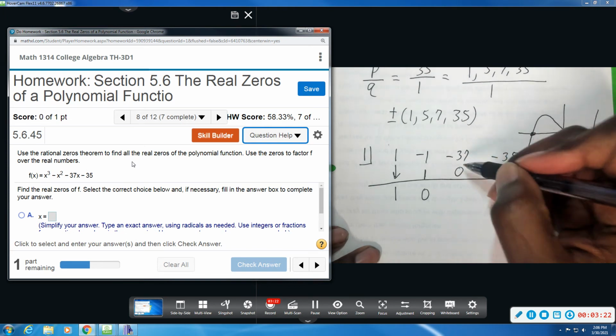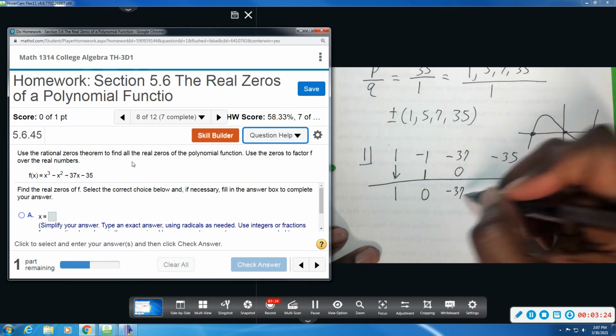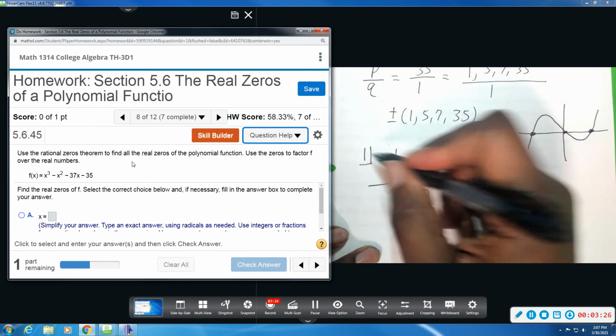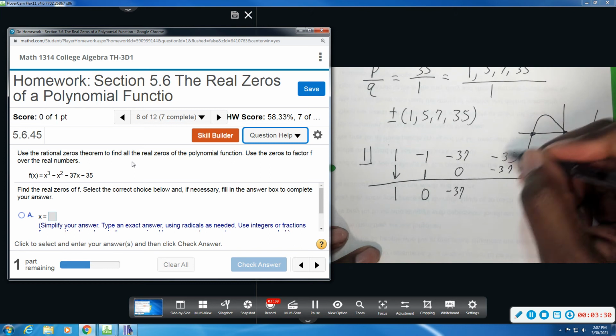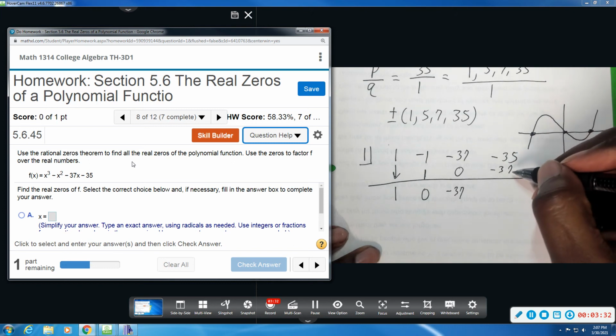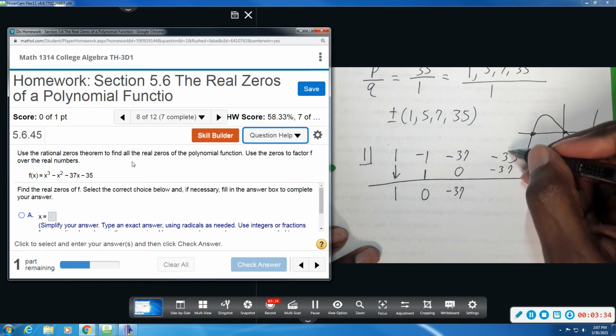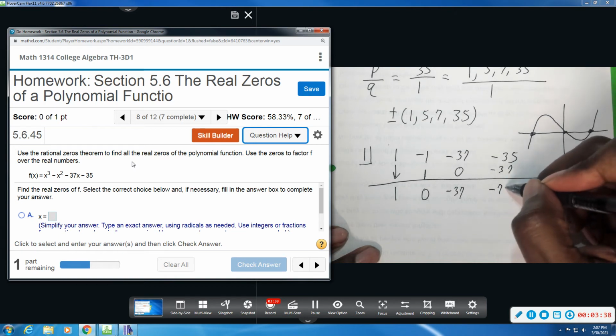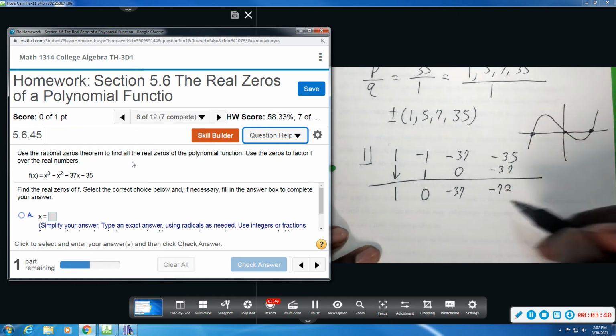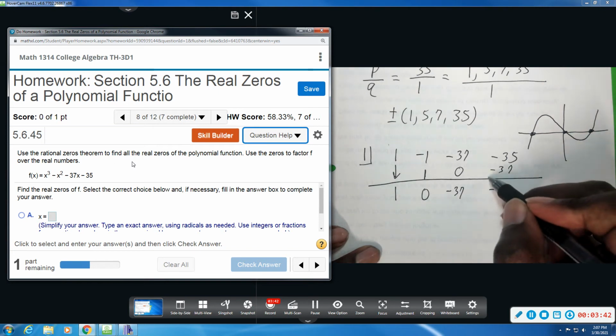We combine these, we get negative 37. And then we do 1 times negative 37. And then we combine these, and that will give me a negative 72.